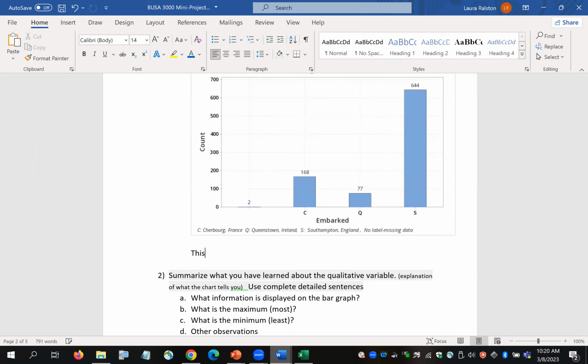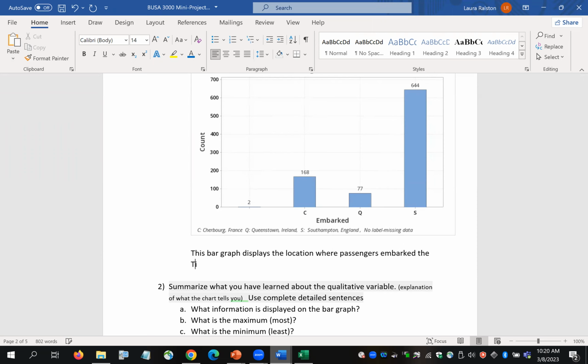So I might say this bar graph displays the location where passengers embarked the Titanic.